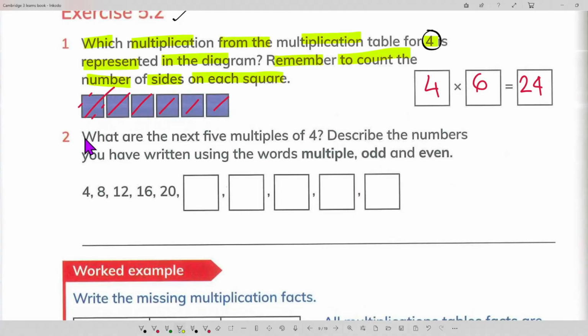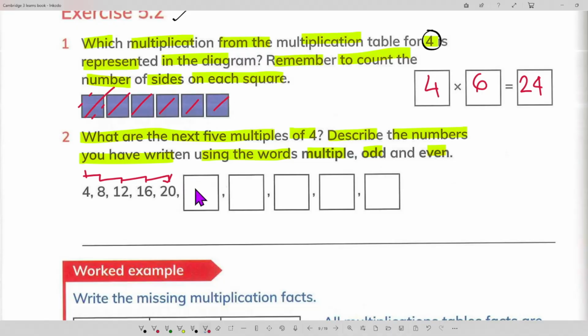Next, what are the next 5 multiples of 4? Describe the numbers you have written using the words multiple, odd and even. So first we have to fill up this one. 4 times 1 is 4, 4 times 2 is 8, 4 times 3 is 12, 4 times 4 is 16, 4 times 5 is 20.